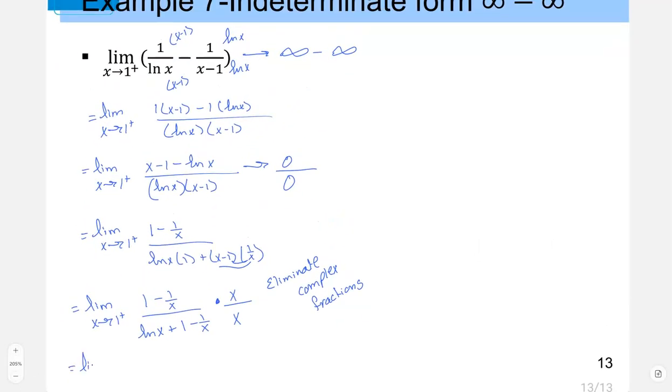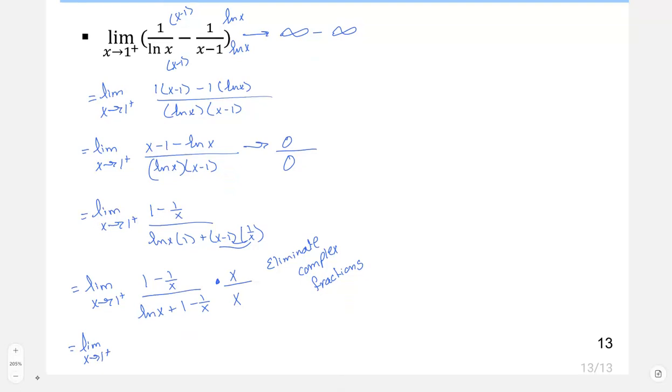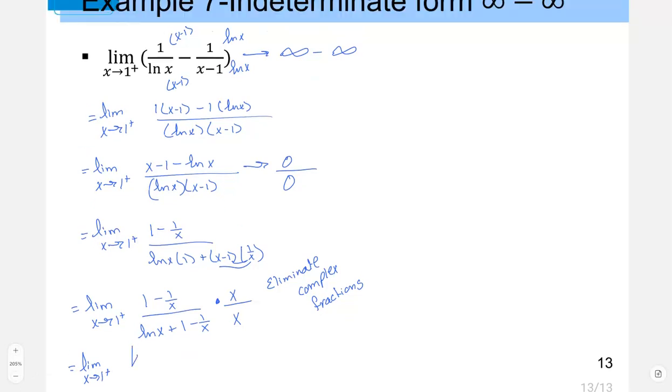So I'm going to have the limit as x approaches 1 from the right. When I distribute, I'm going to have x minus 1 in the top. When I distribute that x down here, it's x ln of x plus x minus 1. So if I plug in 1, I'm going to get 0 in the top, and I'm going to get 0 in the bottom. We're going to have to do L'Hopital's again.